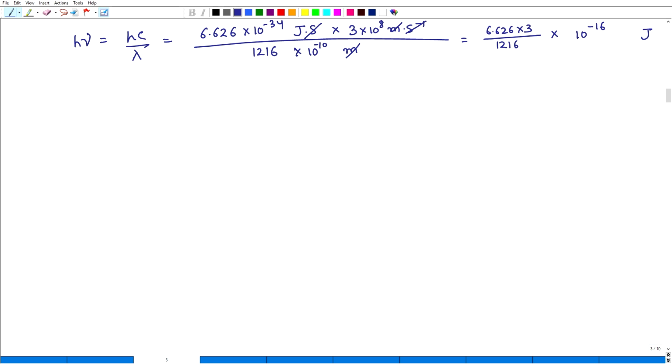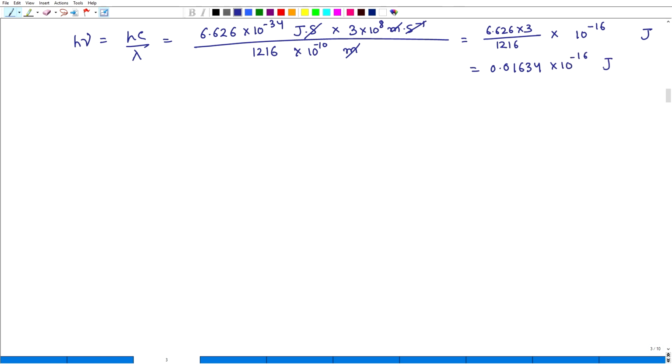Now we have to calculate this. Let me calculate. It's actually 6.626 into 3 divided by 1216. The value is 0.01634 into 10 to the power minus 16 joule.